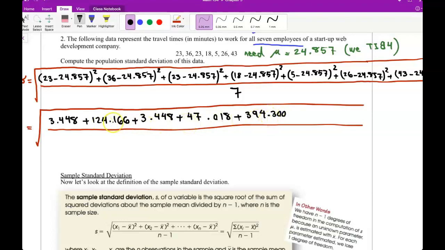Since I used 3 decimals, that's why I have 300 here. Plus 1.306, plus 329.168. Divide by population size, which is 7.